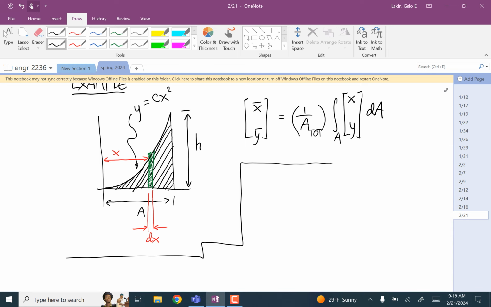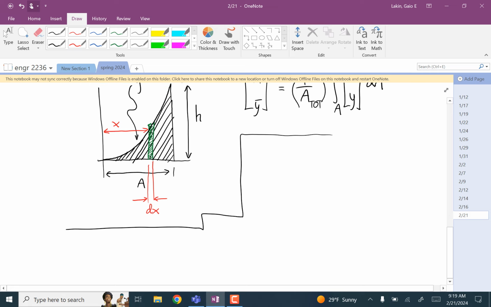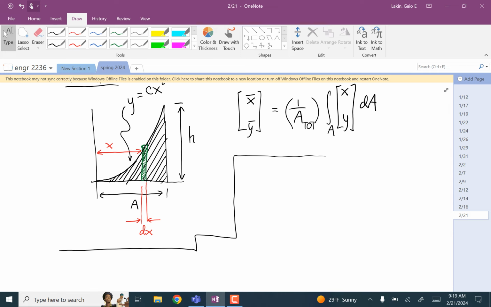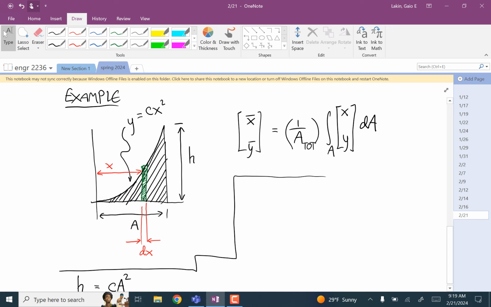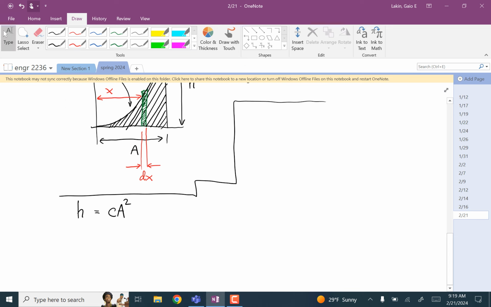And now let's figure out what that c is. There's only one c that's going to make the width a and the height h. So we know that h is equal to c a squared, right? Just plug in those end values into the function.